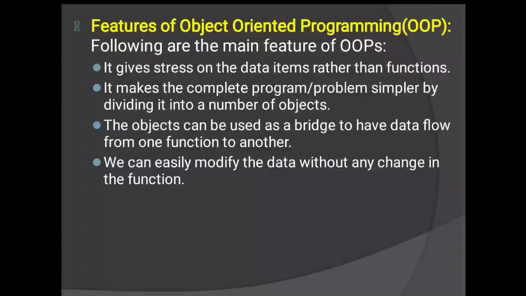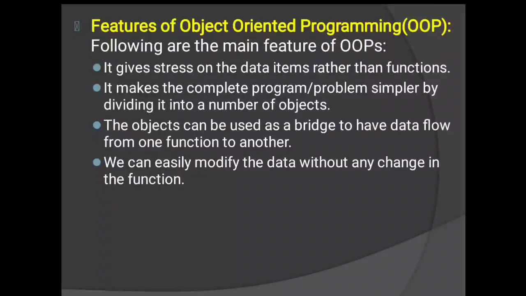The object can be used as a bridge to have data flow from one function to another. See, in object-oriented programming we give the emphasis on object or data, so this is used as a bridge to have data flow from one function to another. Then we can easily modify data without any change in the function.